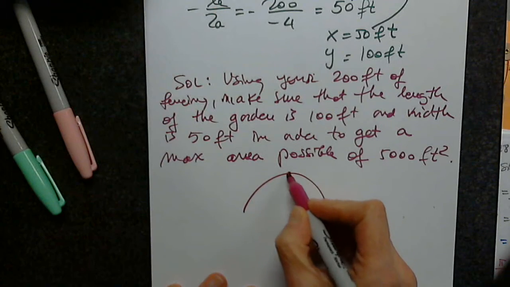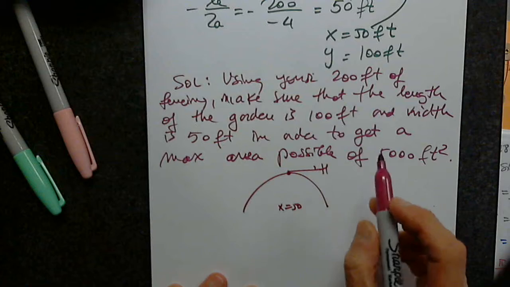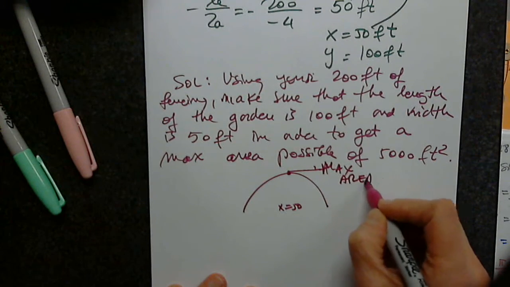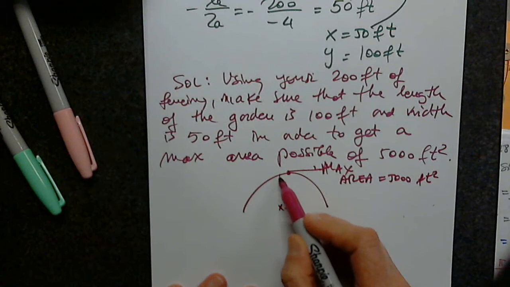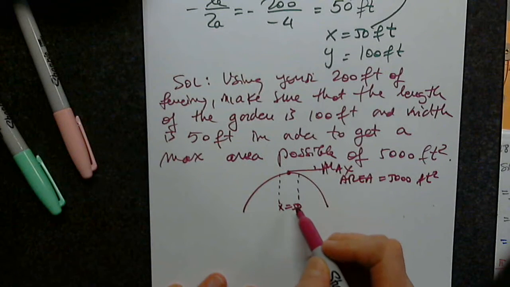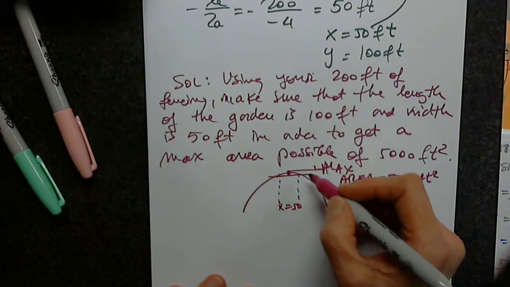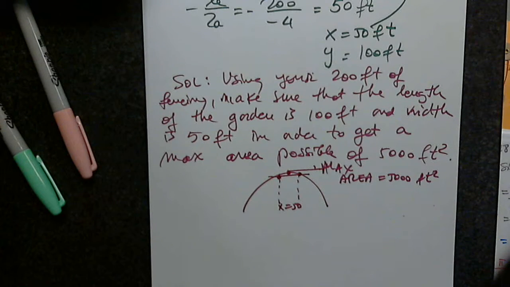When x is 50, the maximum area is 5,000 square feet. If your 50 becomes 49 or 51, your area will stay up here or up here, but not up here. So do not deviate from 50, 50, and 100.